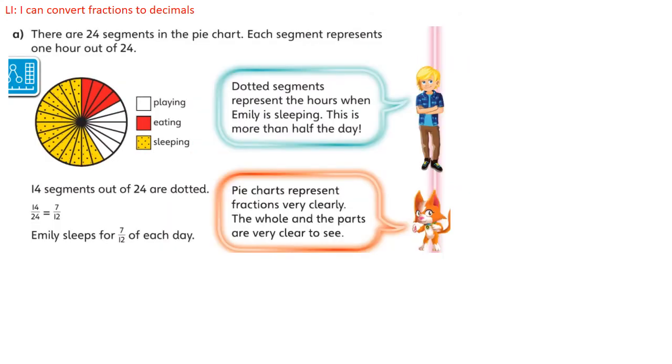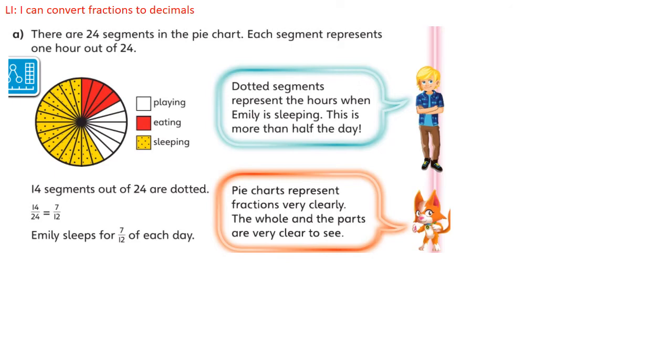And here we go through it again. So there are 24 segments in the pie chart, so each of the segments represents 1 hour. We know that we are looking at the yellow and dotty section because that represents the sleeping part.